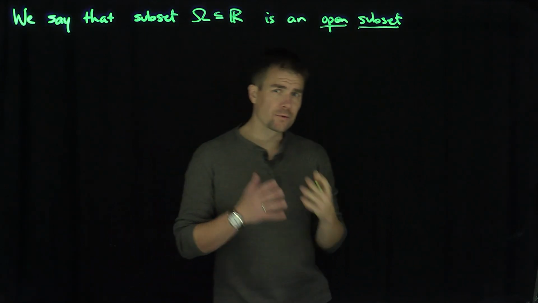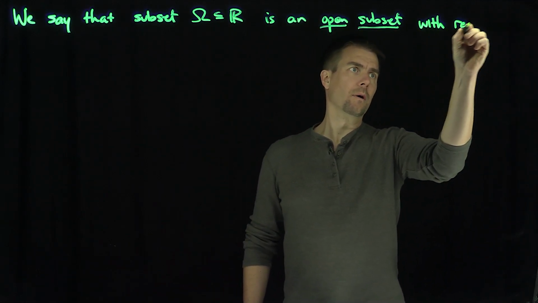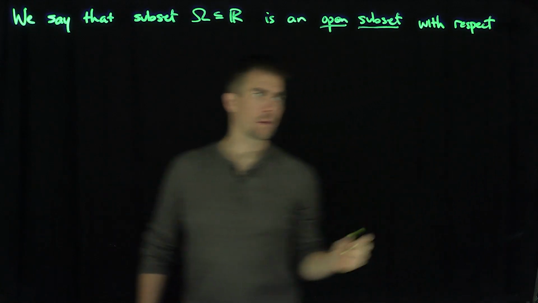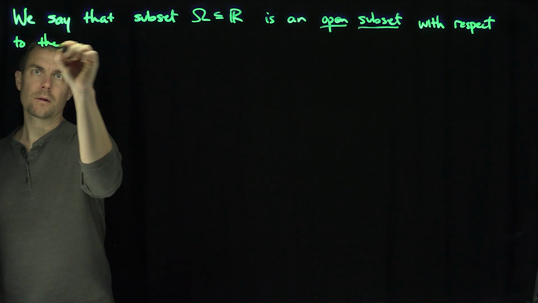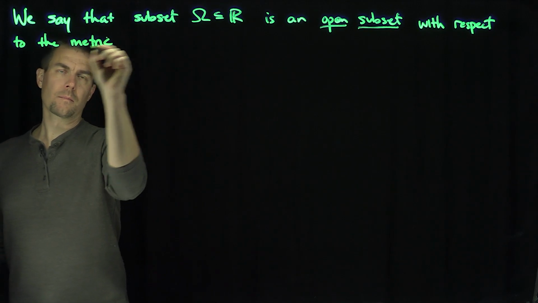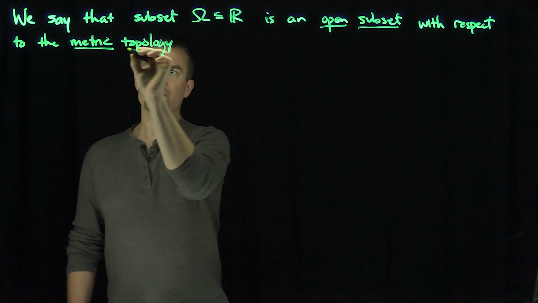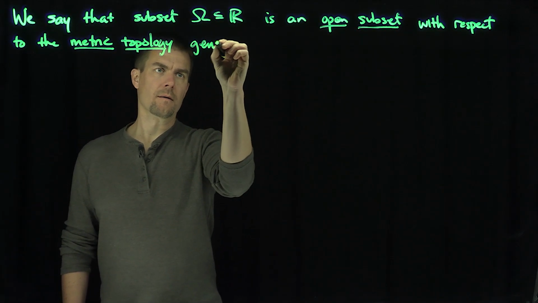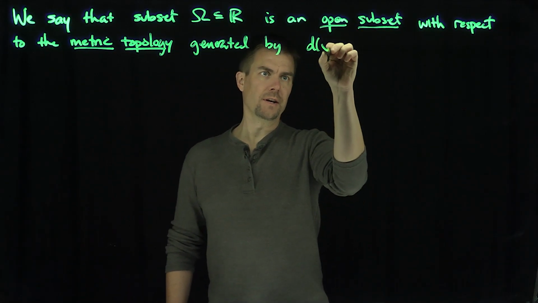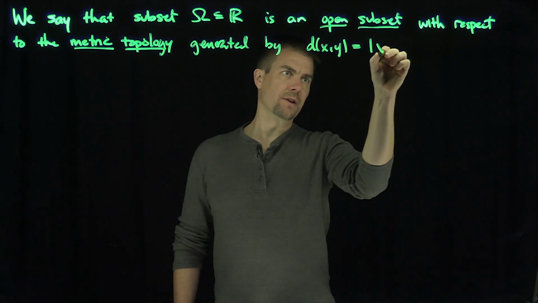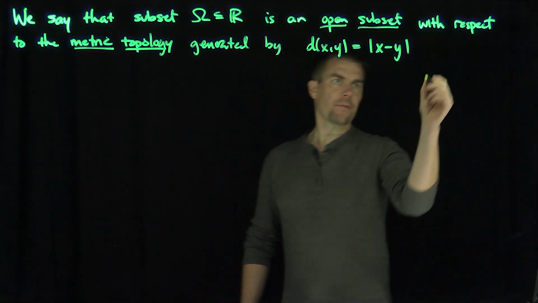And open is relative to a topology, with respect to the metric topology generated by the distance function d of x and y, which is just the difference between x and y in absolute value. That defines the metric.